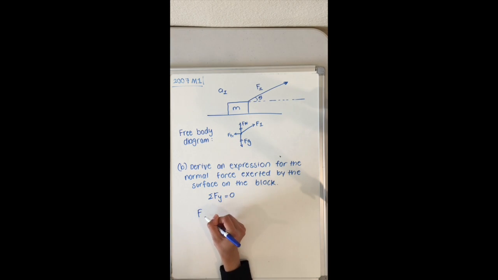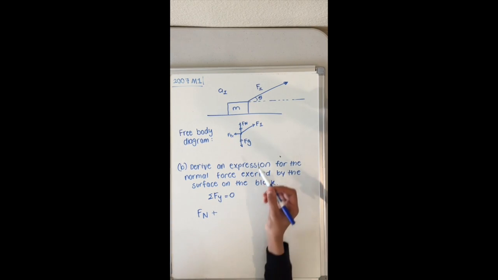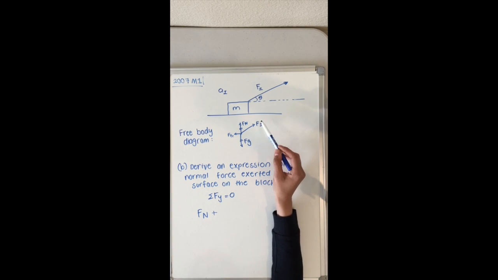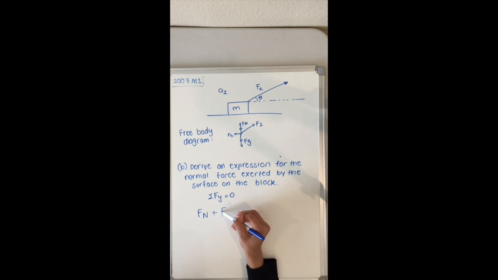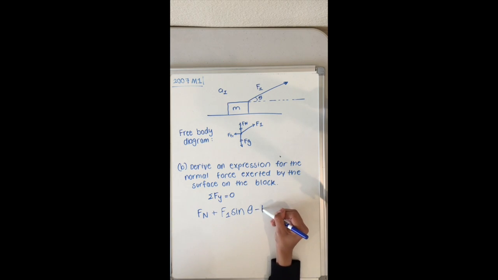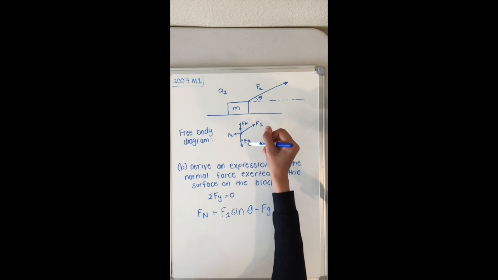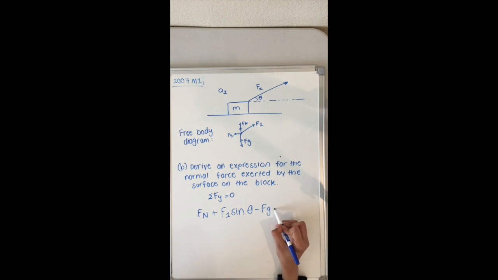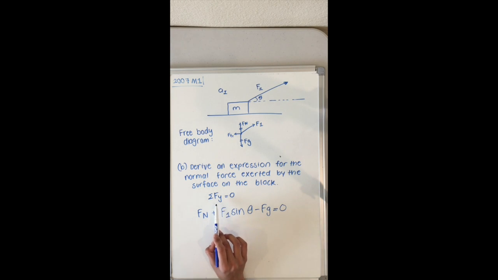Our force equation will look like Fn plus the y component of F1, which will be F1 sine theta. And then we have to subtract the force of gravity, since the force of gravity is downward. And this is equal to 0, since the net force in the y direction is equal to 0.